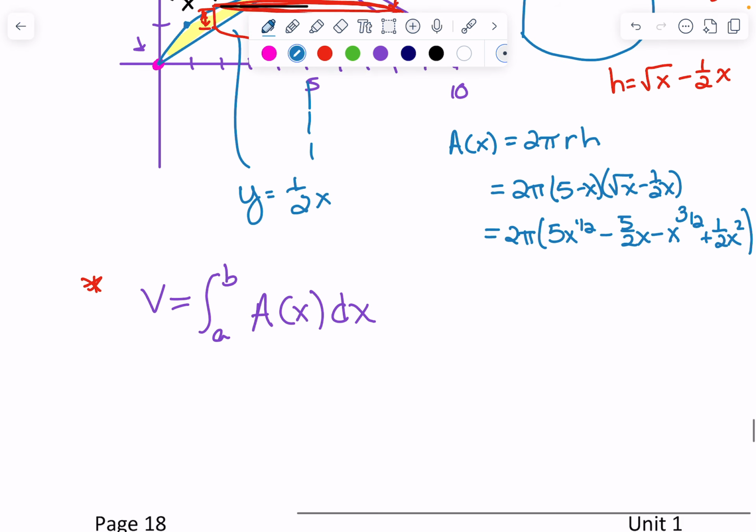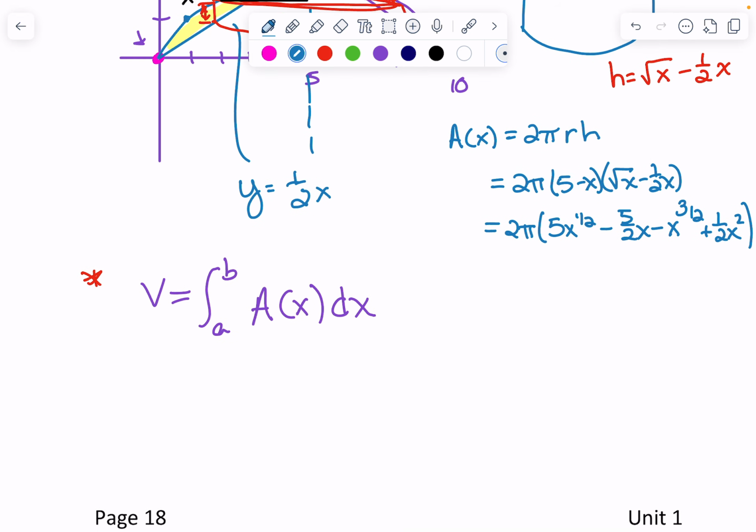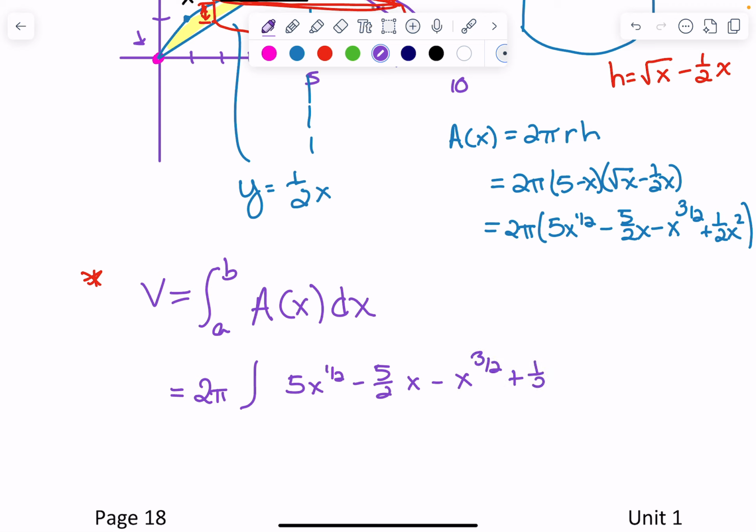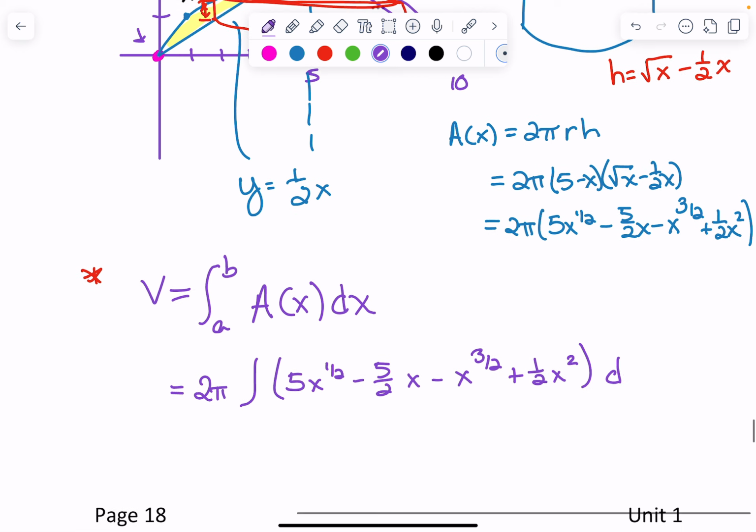So at this point, beautiful area there. Now we're just going to sub in. I'm going to pop the 2 pi out front: 2 pi times the integral of 5x to the 1/2 minus 5 halves x minus x to the 3/2 plus 1/2 x squared, all of this dx.